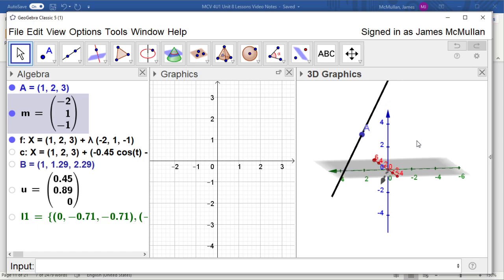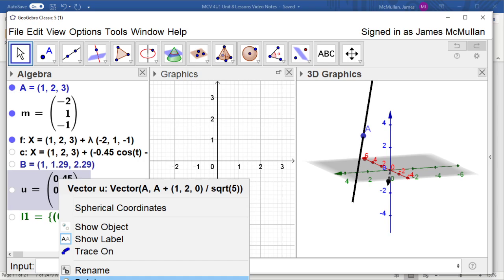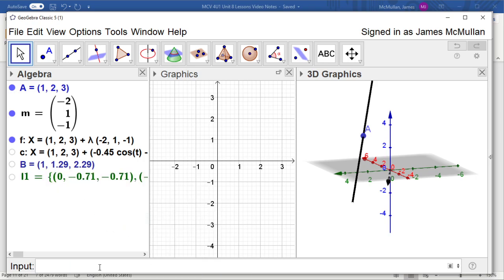Now, it doesn't seem like it's any different, because you can easily make a normal to this. All we need to do is think of a vector that would dot with this to make 0. So 1, 2, 0 would dot with m to make 0. -2 times 1 is -2, 2 times 1 is +2, and -1 times 0 is 0. You add them all up, you get 0, right?